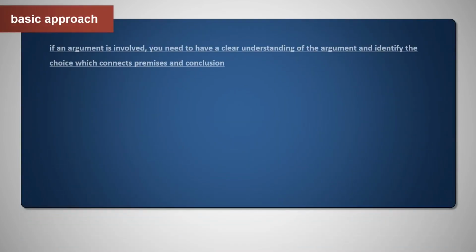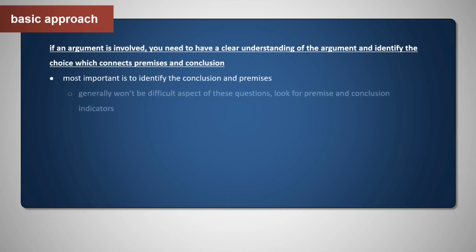In terms of the basic approach, if an argument is involved, you need to have a clear understanding of the argument, and you need to identify the choice which connects the premises and conclusion. The most important thing is to identify the conclusion and premises, which once again generally won't be the difficult aspect of these questions. You're primarily going to be looking for the premise and conclusion indicators.